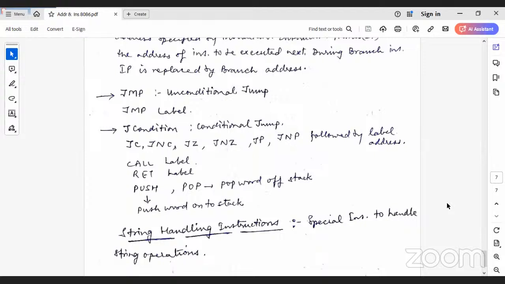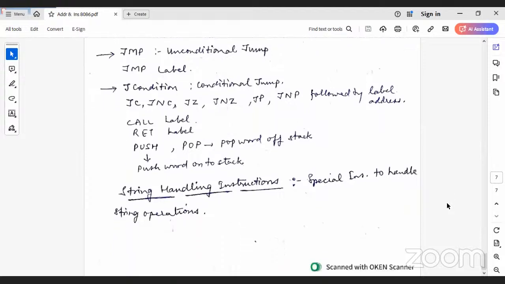Pushing onto the stack and popping out of the stack, we call it. So for this also, it is written that pop word off stack means from the stack you have to bring it out, and push means you have to push it onto the stack register. So that is how it will be saved onto the stack.